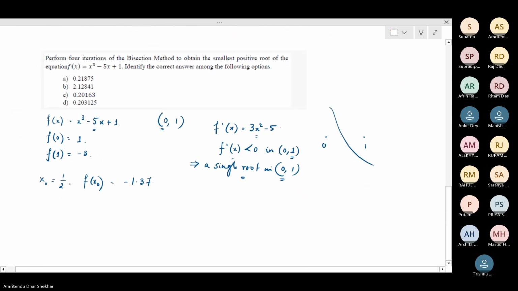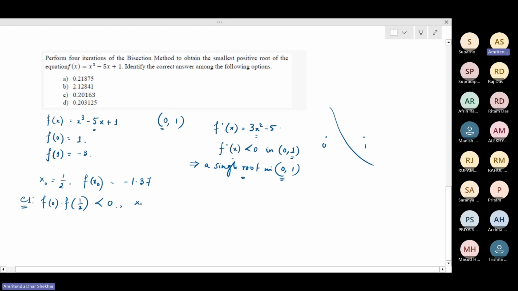If you check f of 0 times f of half, you will see that this is negative. So C1 is satisfied, and you choose your x1 to be equal to 1 by 4. Performing the computation again, you get f of x1 to be something like minus 0.23.